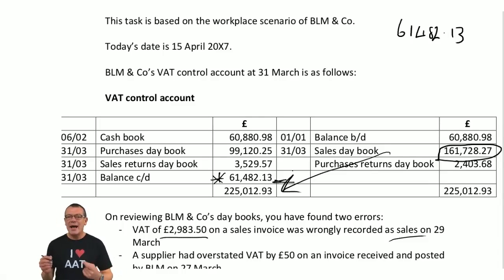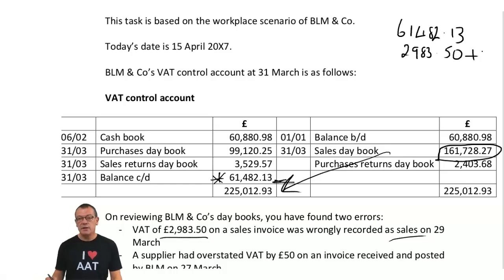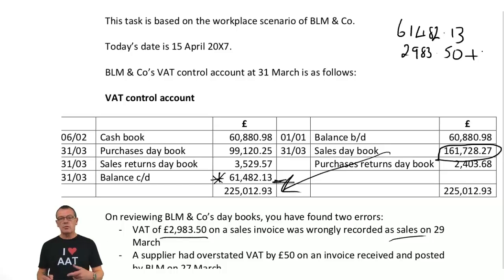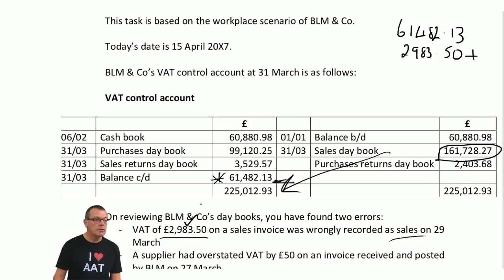So we need to add that to the closing balance. So the VAT of 2983.50 is going to be added into that figure. That is going to increase the closing balance. So that's dealt with. I'll just tick that slightly to know I've dealt with that one.